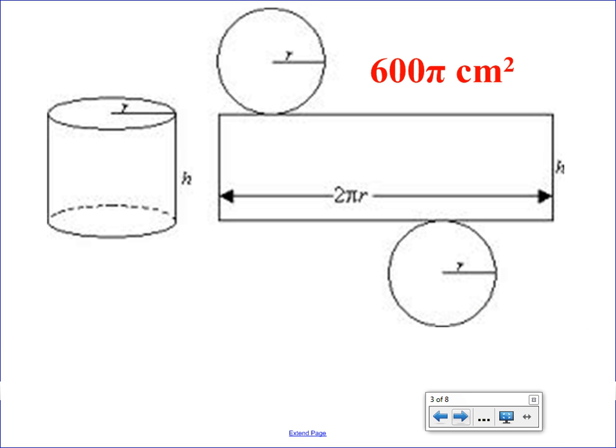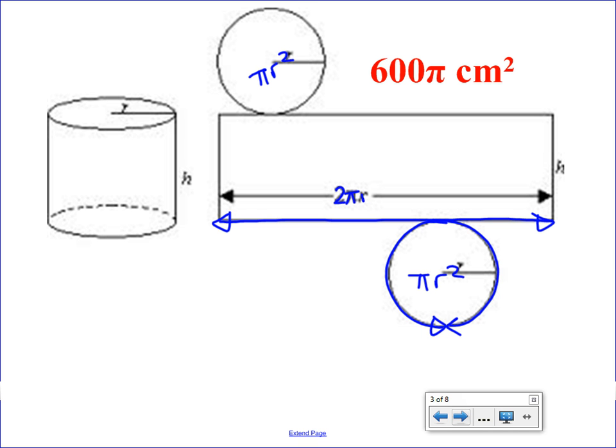So here's the fact. It's that the surface area of the can is 600 pi centimetres squared. So I've opened up the can so we can look at the surface area. We've got pi r squared here, pi r squared here. This is 2 pi r because this bit across here, when you make your can, is what wraps around, and circumference is 2 pi r.